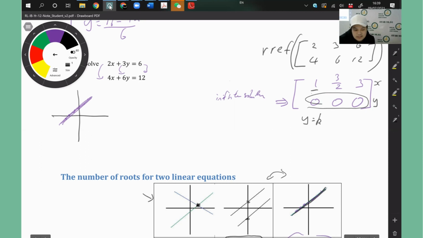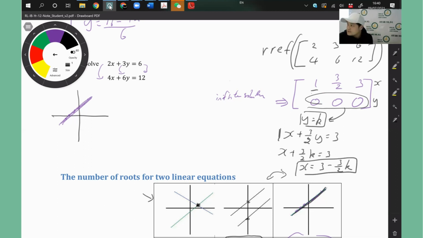So this one, 1x plus 3 on 2y equals 3. If y is anything, then x will change accordingly. So x is equal to 3 minus 3 over 2k.